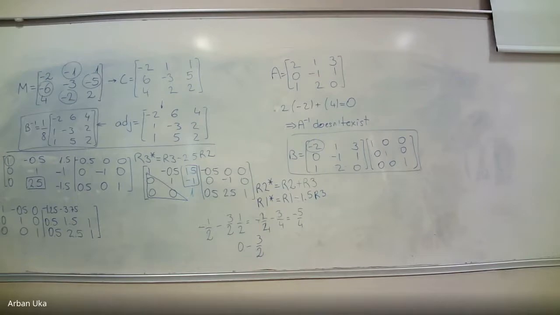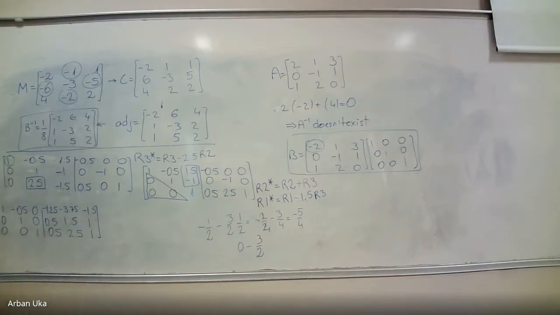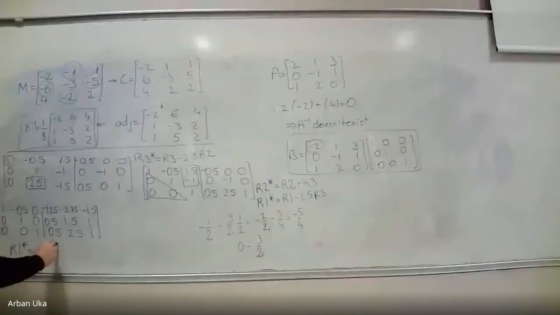This would be 0 minus 1.5, right? Minus 1.5. So this is what we get. Then the last step is to make this a 0. How can we make this 0? R1 is R1 plus half of R2. Plus 1 over 2 R2.